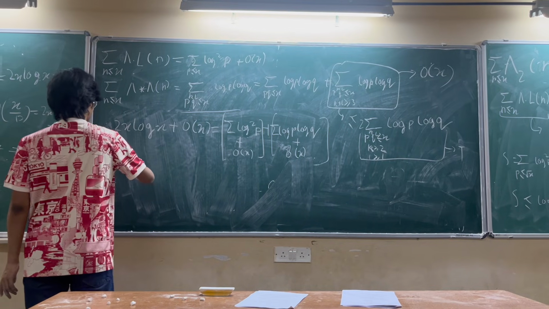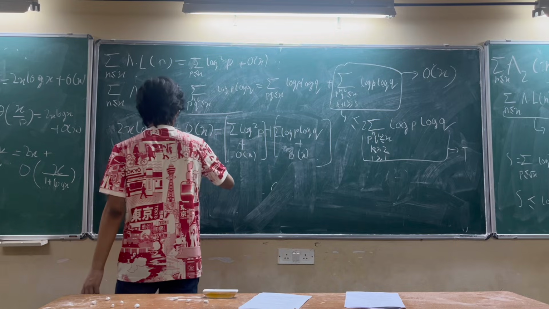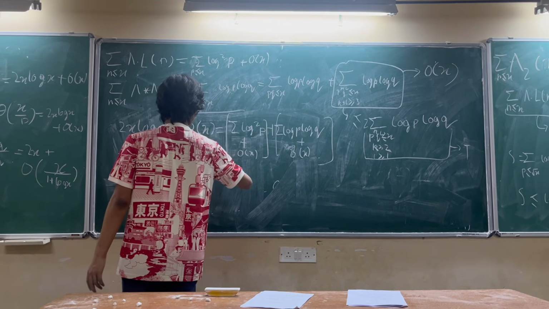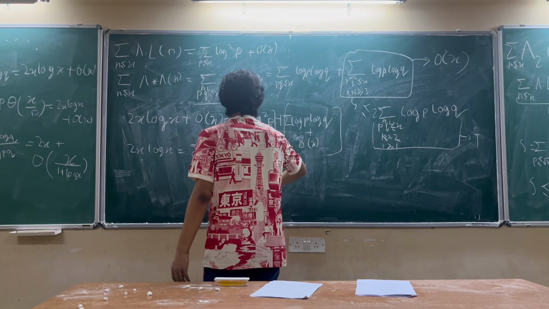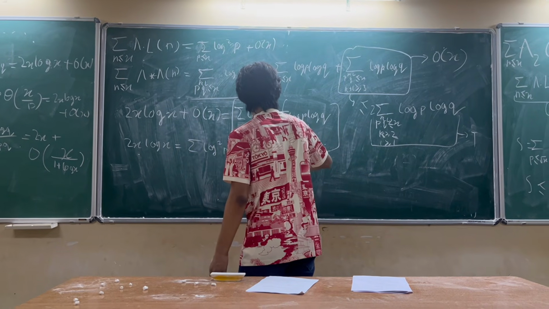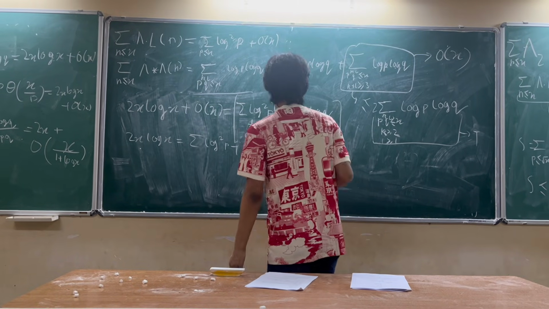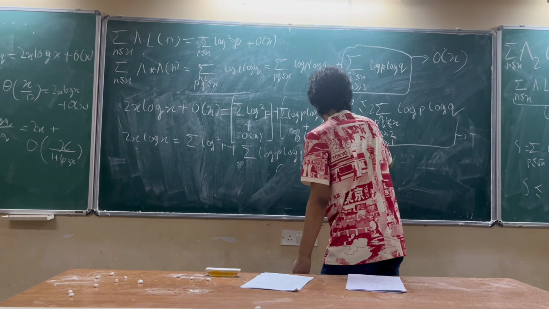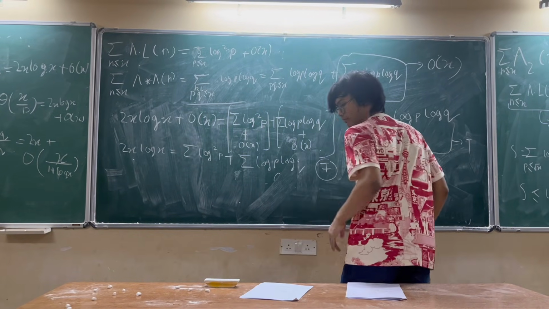So that means 2x log x is equal to summation log squared p plus summation over pq less than or equal to x of log p log q, just avoiding the index. And here you have the first one. The first of these three formulas is thereby done.